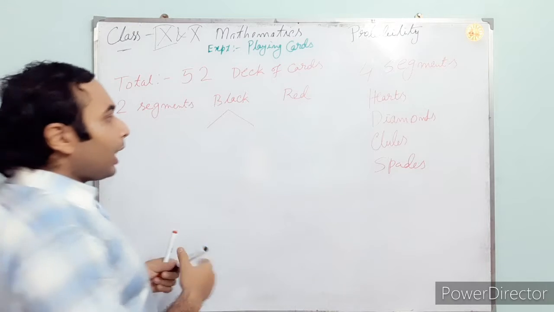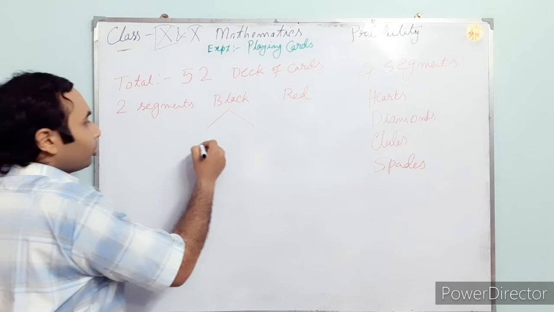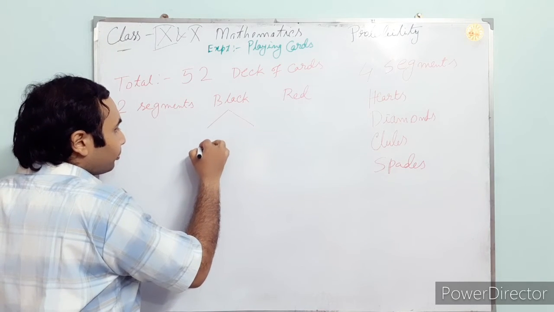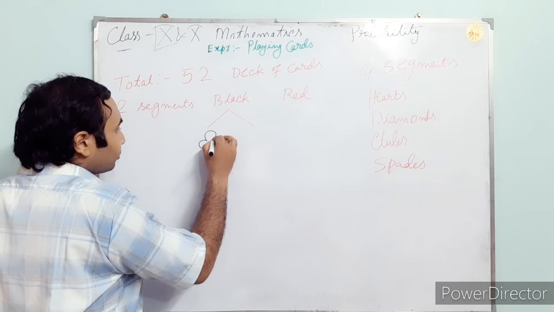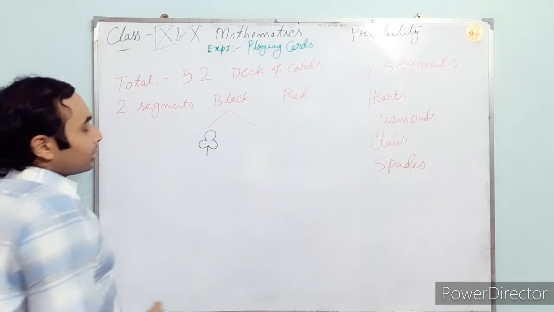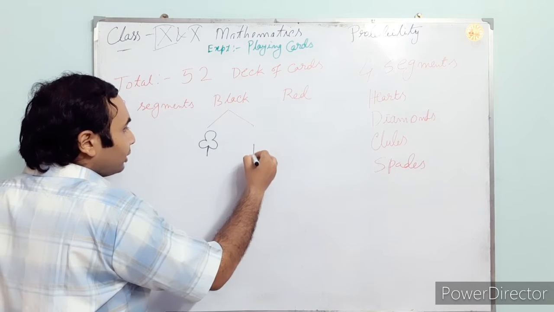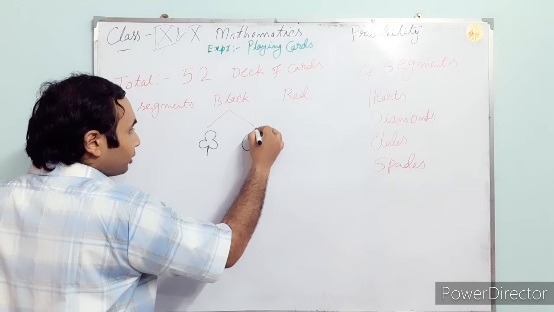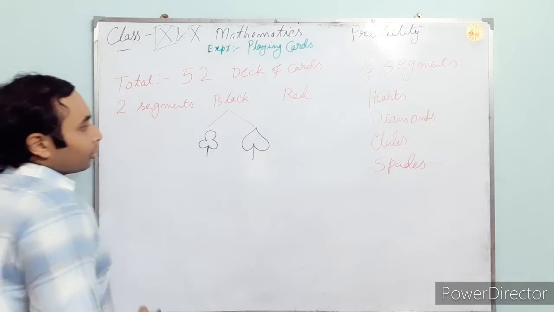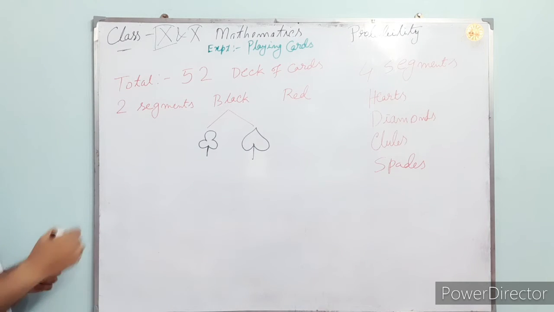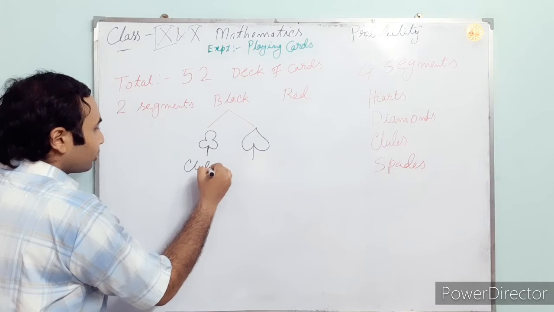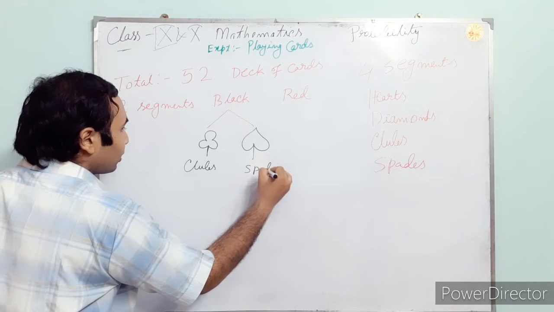So for black, 2 segments are there. One is club. You will see the cards like that. And this is called the spade. Club and spade.